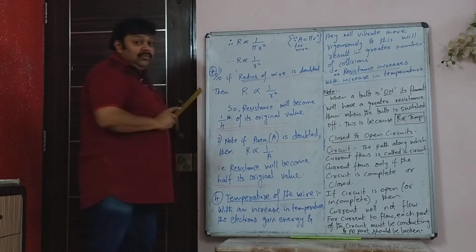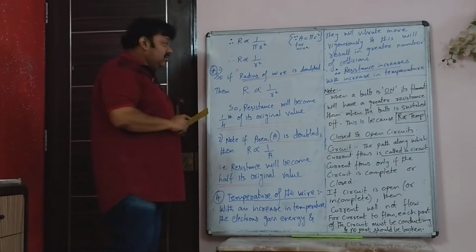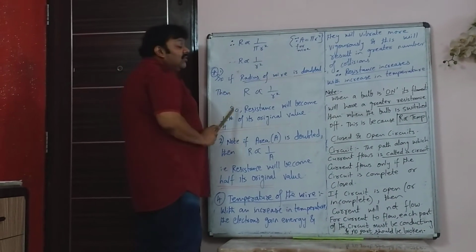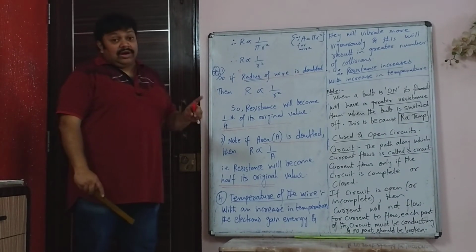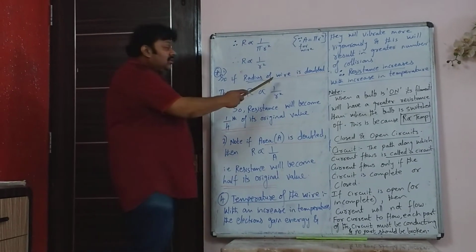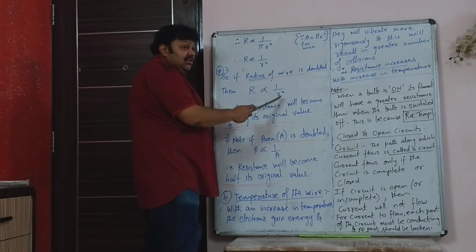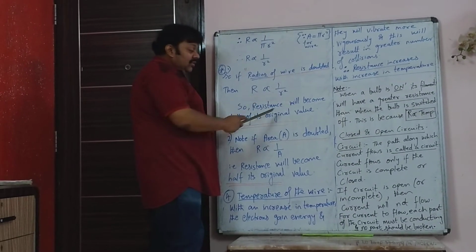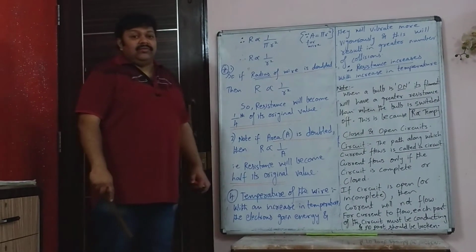Now in school sometimes they ask a tricky question. They will ask you, if the radius of the wire is doubled, what happens to the resistance? So radius is doubled is different from area is doubled. Radius is doubled means, since resistance is inversely proportional to radius the whole squared, it will become 1/4 its original value.